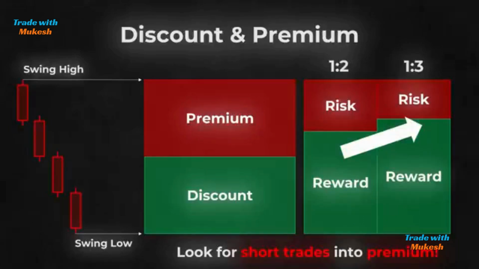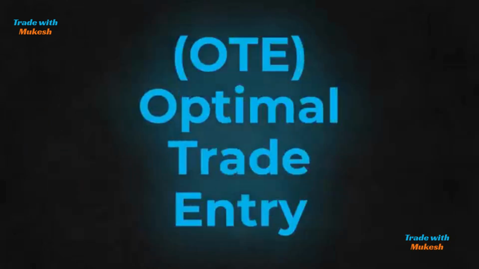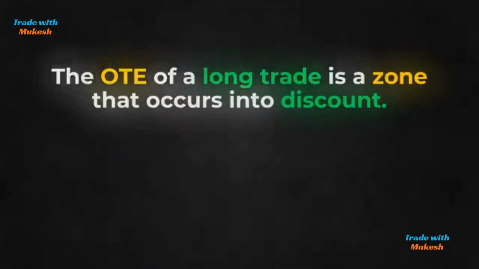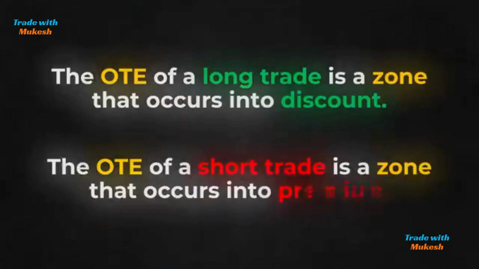This notion of discount and premium is very simple, but it's something you need to keep in mind when we look at other concepts like optimal trade entries, fair value gaps, order blocks, and the combination of elements that will generate trade setups. Directly related to the idea of premium and discount zones, we have the concept of OTE, which is short for optimal trade entry. The OTE is a specific Fibonacci retracement zone that will fall in the discount zone for a long trade entry.